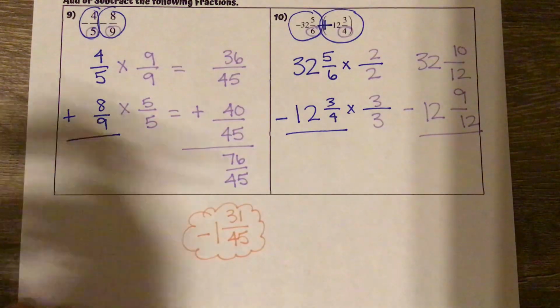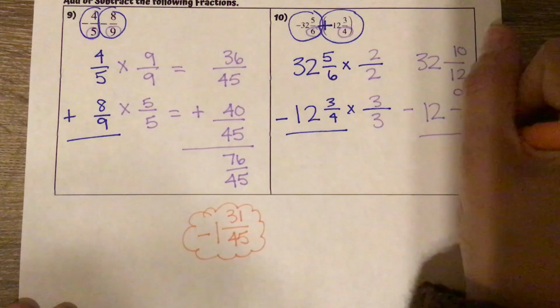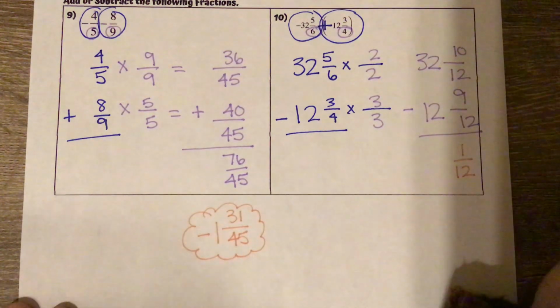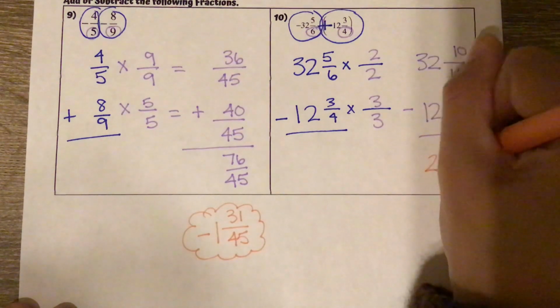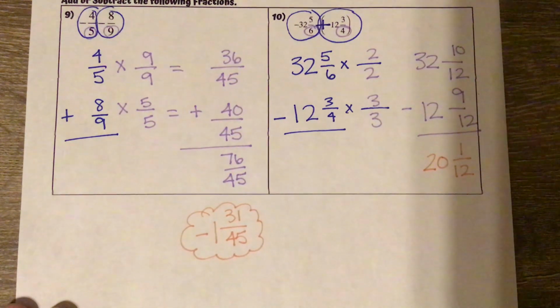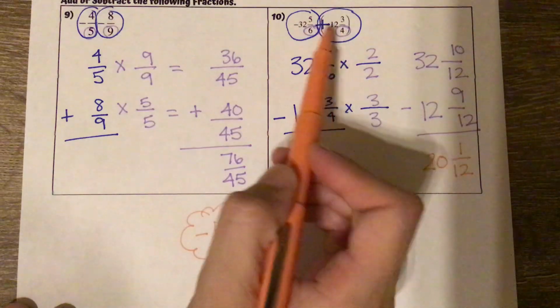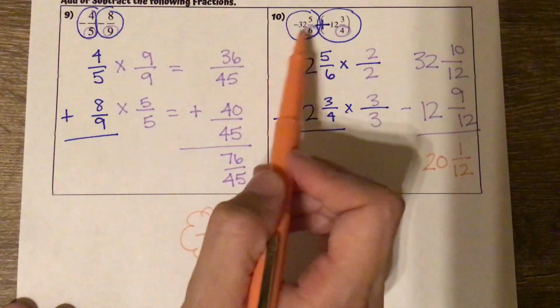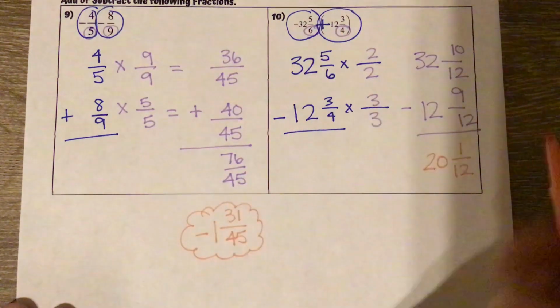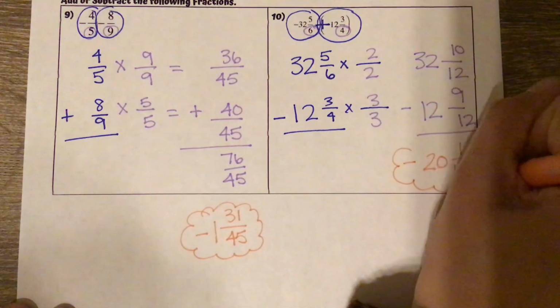Now we can subtract. 10 minus 9 is 1/12. 32 minus 12 is 20. Now we go back to figure out if it's positive or negative. Our higher absolute value is negative. We have more negatives than positives, so it is a negative result.